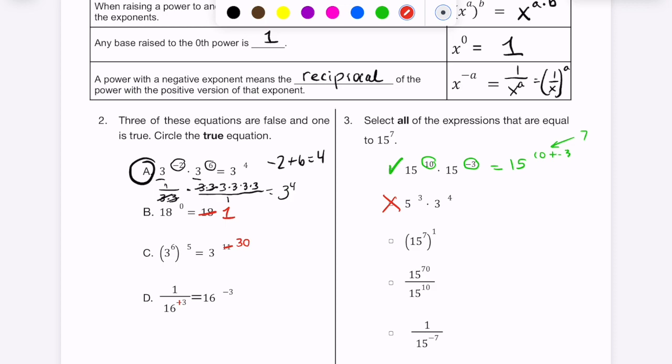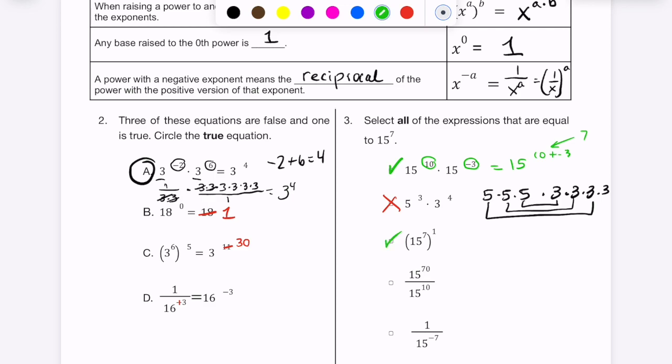So that is not going to be right, because this means you have 3 factors of 5, then you have 4 factors of 3, and these can join together, and these can join together, and these can join together to get 3 15s that are being multiplied together, but then you just have 1 extra 3 and you're not anywhere close to getting 7 factors of 15. So that's not correct.